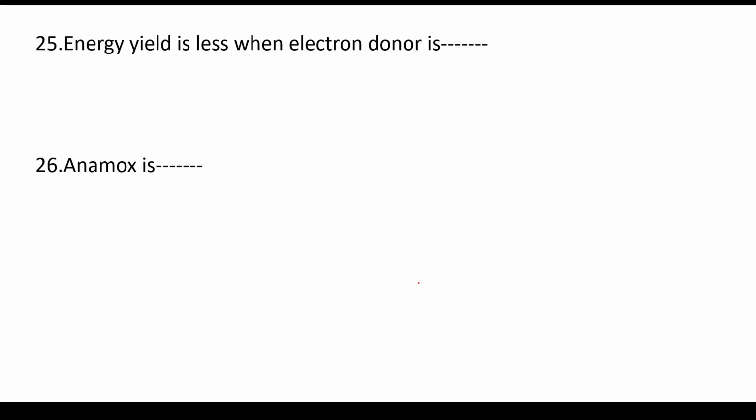There are two questions, and these are open-ended questions. There can be multiple solutions for a particular question, so a particular term can be called in multiple ways. I hope you got this. From question number 25 to maybe question number 30, there will be open-ended questions. These are two questions, 25 and 26. Please write down your answers in the comments and we will see how many other solutions we can have other than the ones you are showing.